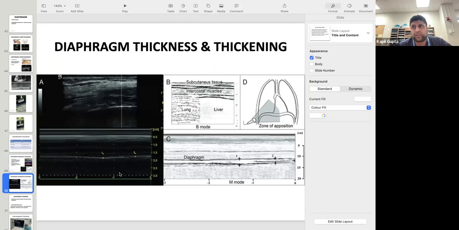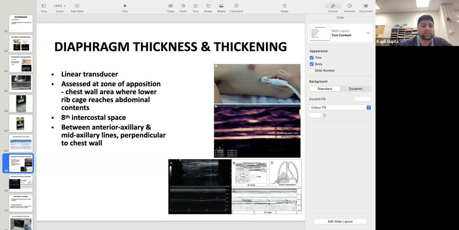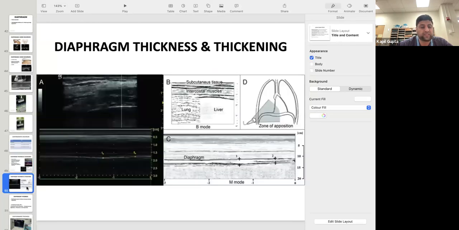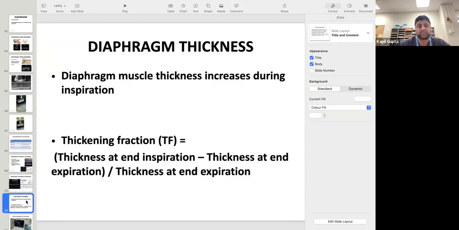If the nutrition or proteins are not adequate, it will affect the diaphragmatic contraction as well. So maybe that might be the reason. I'm not sure exactly of the theory of why this thickness would be significant, but that's what most of the studies have validated, that the thickening fraction correlates very well with the spontaneous breathing trials.